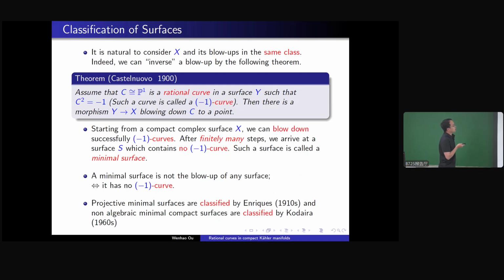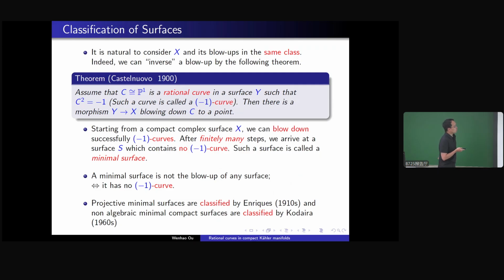Now with this theorem in hand, we start from some compact complex surface X. We can search if there are -1 curves inside. If there is one, I use this theorem to contract this curve. Then we obtain another surface, and I continue to find if there are some -1 curves inside.